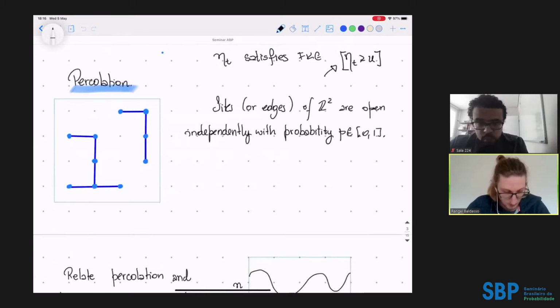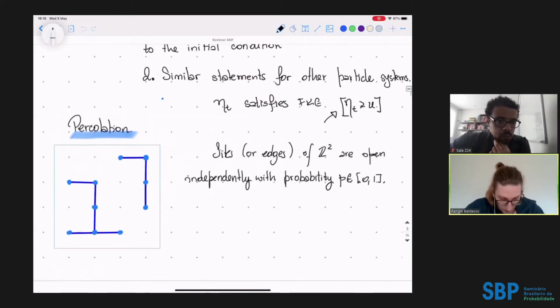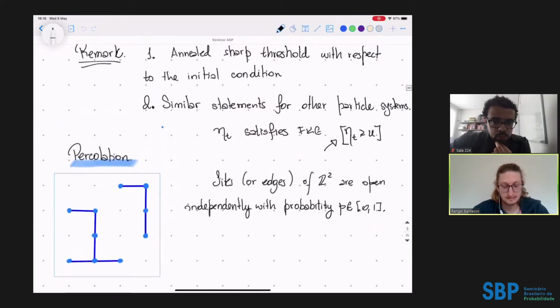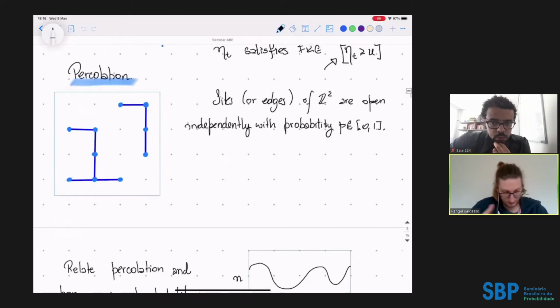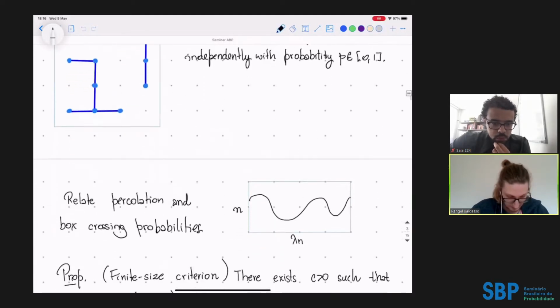And we're going to consider here site percolation. So consider sites of the plane that are open independently with some probability P in [0, 1], but you can also do the same thing for edges. In our case, since our first model here is a site percolation model, we're going to study site percolation.